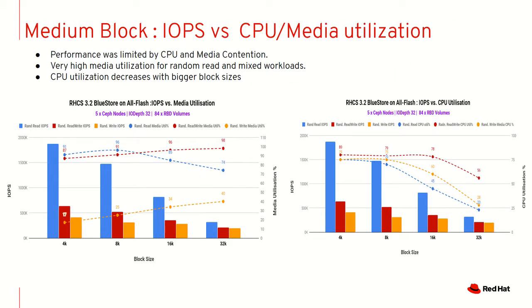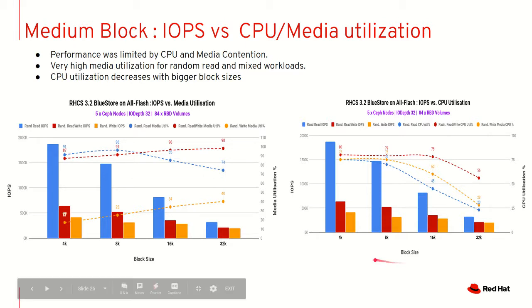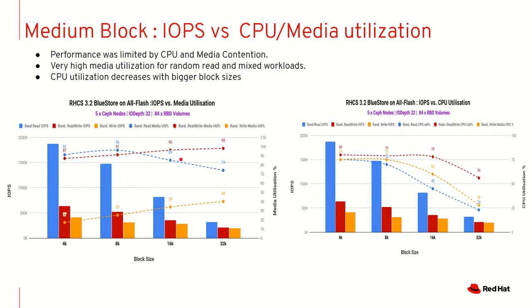In this next slide, we are taking a look at the CPU and media utilization for medium block sizes. The media utilization is the graph on the left. We can see very high media utilization for random read and mixed workloads, so performance was limited by CPU and media contention.